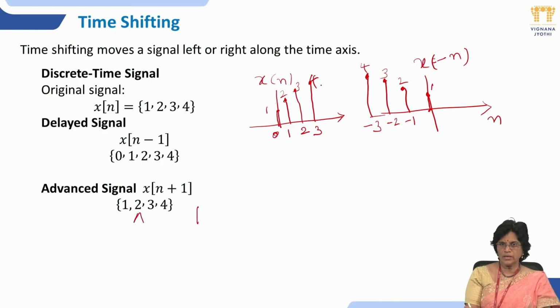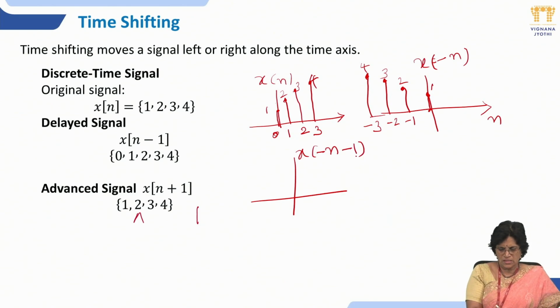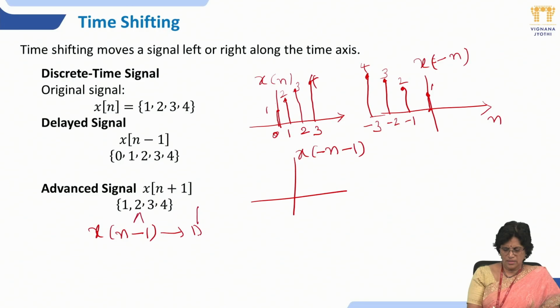So now I have to compute x of minus n minus 1. Just now I mentioned in previous case, so I will once again rewrite that one. X of n minus 1 means for positive signal, always it is delay. Delay means shifting towards right. If it is x of n plus 1, it is advance.